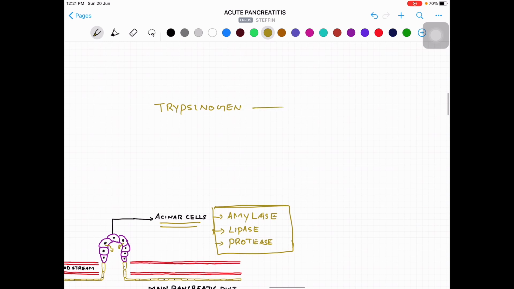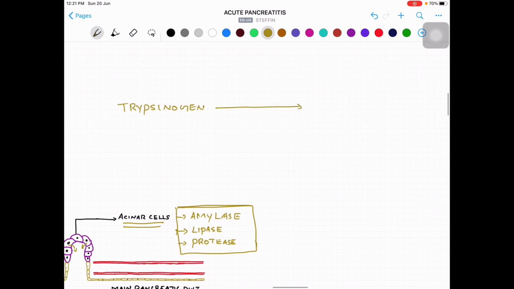Trypsinogen is converted into active trypsin by the enzyme enterokinase. Enterokinase is an enzyme which is found in the duodenum. So these inactive enzymes, when reaching the duodenum, the enterokinase will activate the inactive enzymes into active form.